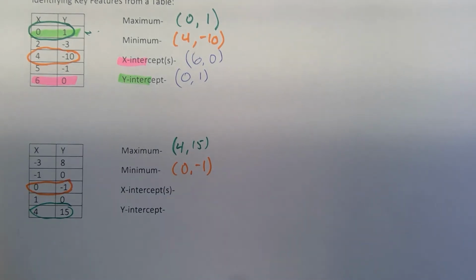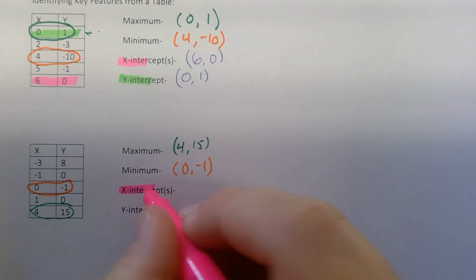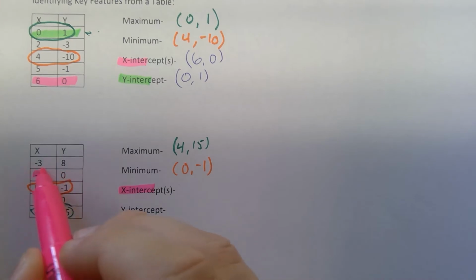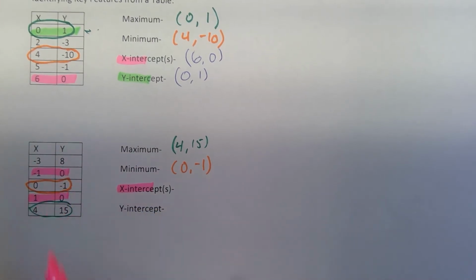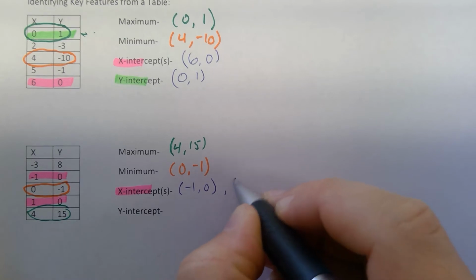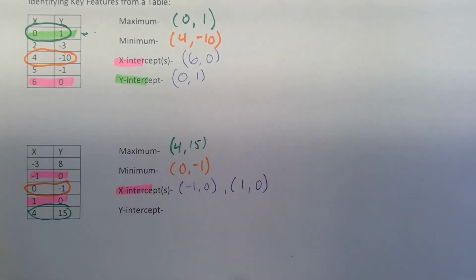Now let's look for our x-intercepts. X-intercepts are when y equals 0. So let's look at our y column. There's y 0. There's y 0. We've got 2 x-intercepts here, so we need to make sure that we put down 2 x-intercepts. We've got negative 1, 0, and we have 1, 0.